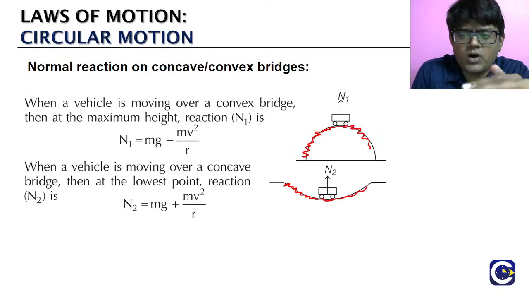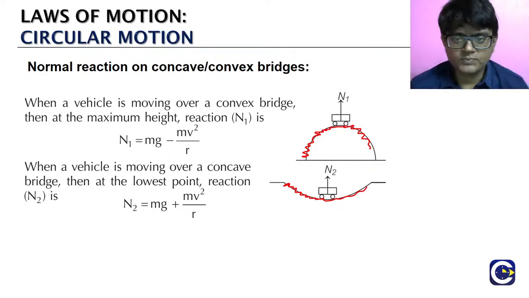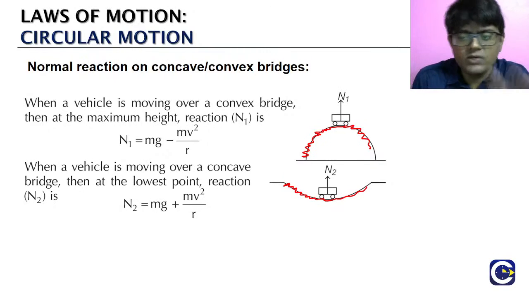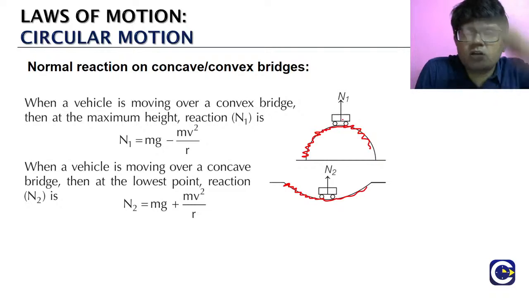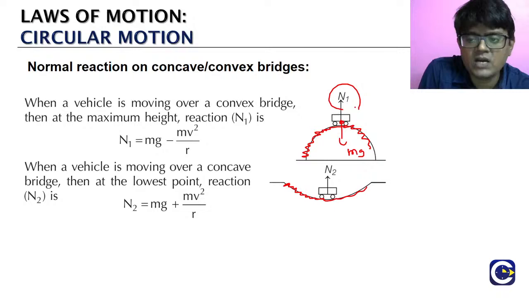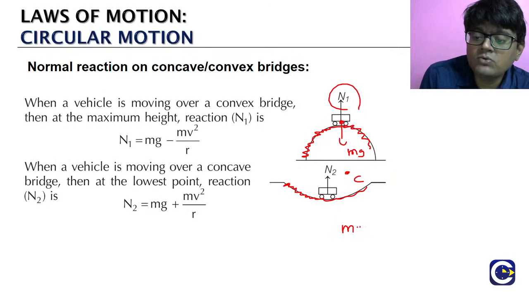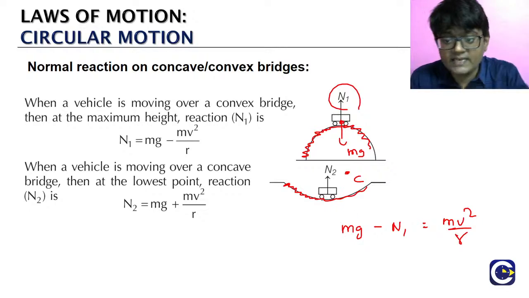So when you get onto this convex bridge, look at it practically. When you go onto that convex bridge you get a feeling that you are feeling lesser weight. Let's look at it. You have the weight and the normal reaction. The center of the circle is downward, so the net downward force, mg minus N1, is equal to mv square by r.